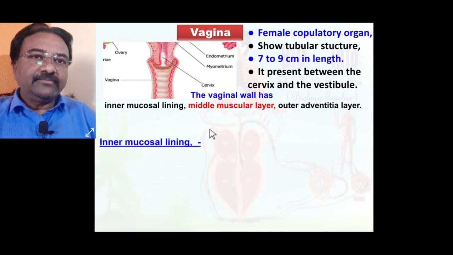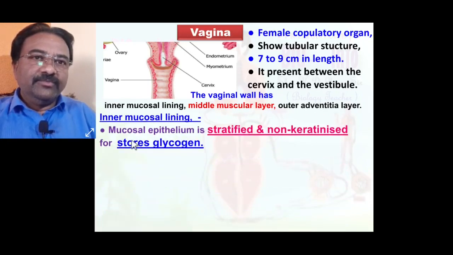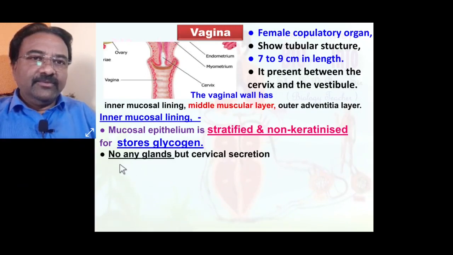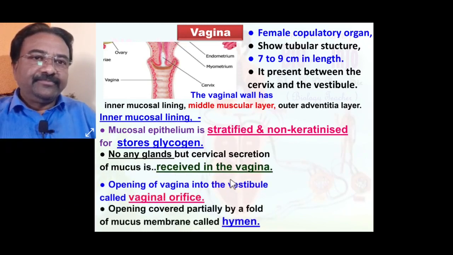In the inner mucosal lining, the mucosal epithelium is stratified and non-keratinized, with cells specially storing glycogen. There are no glands in this region, but cervical secretion of mucus is received in the vagina.